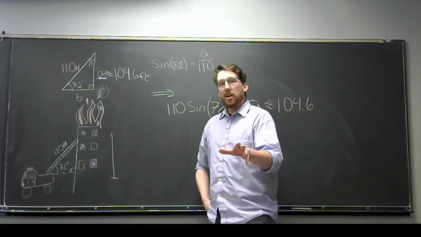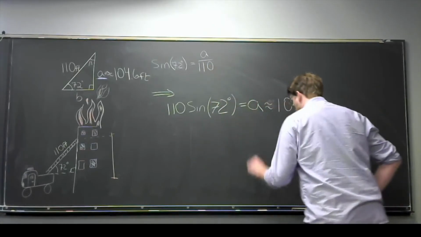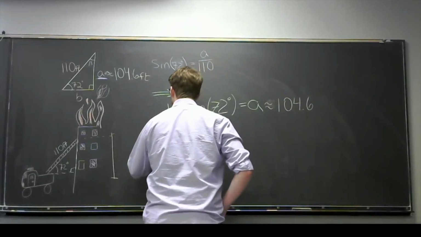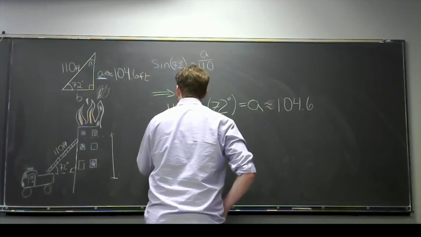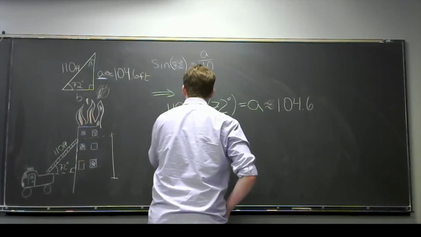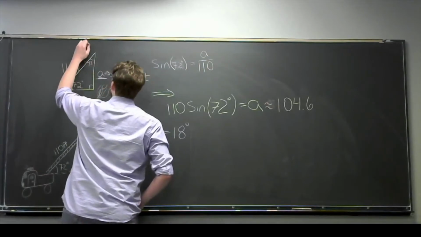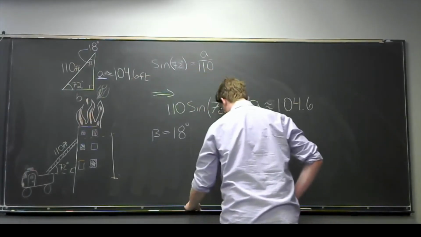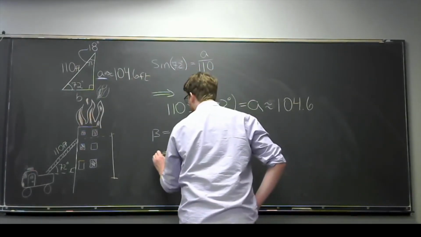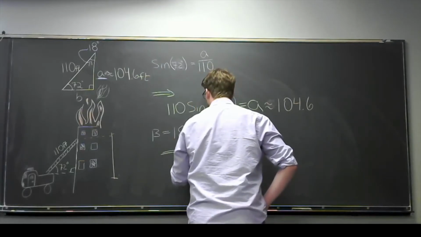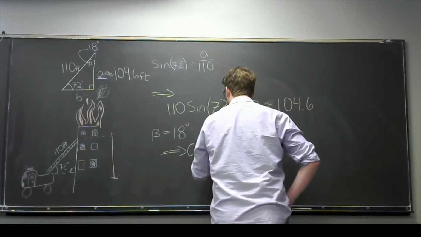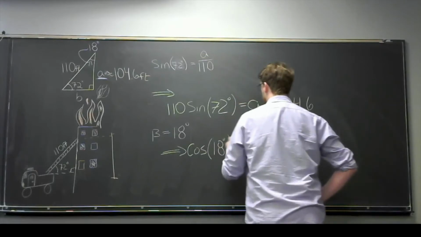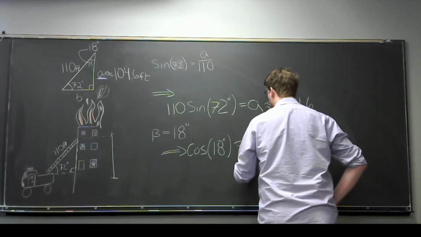So it doesn't matter which angle we use. We could have just as easily said, all right, because beta is equal to 18 degrees, because of this, we could say cosine of 18 degrees is equal to A over 110.